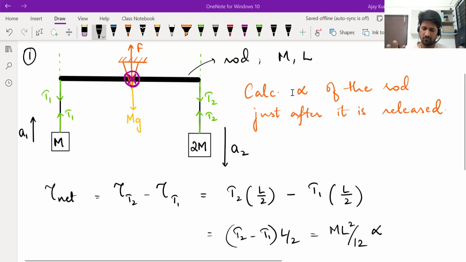Can any of you comment on this? Should both the blocks have the same acceleration the moment the rod is released?